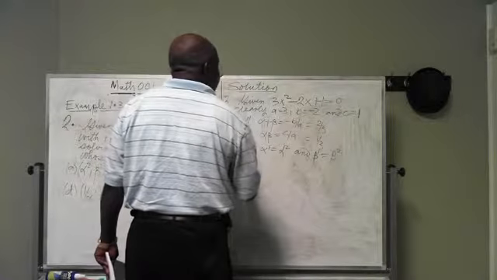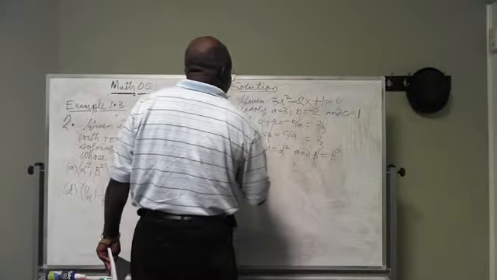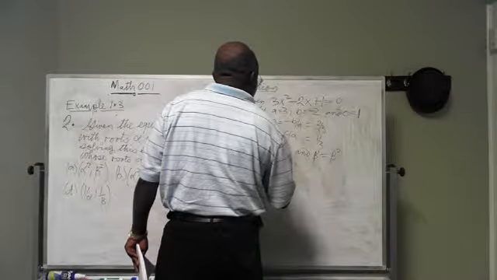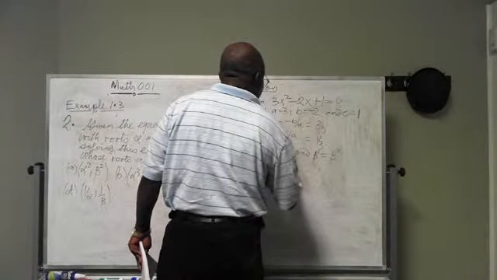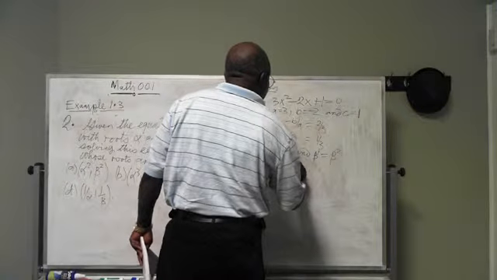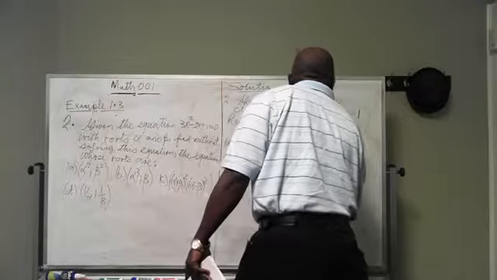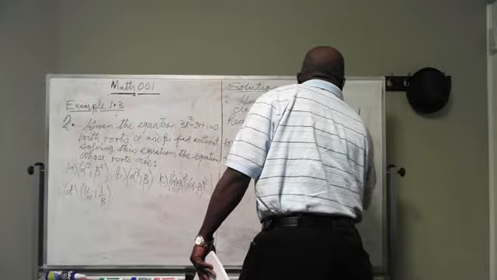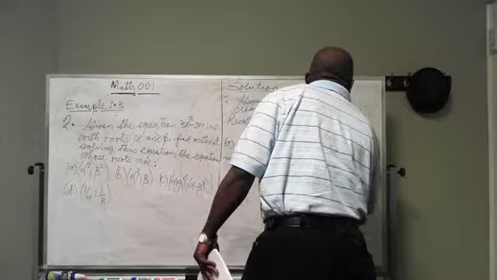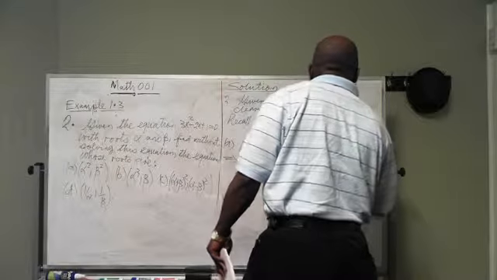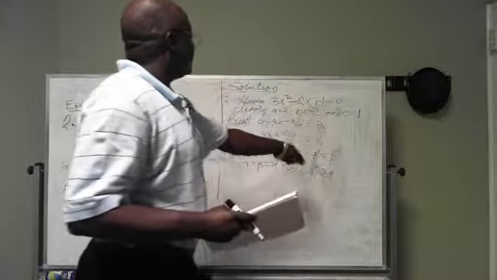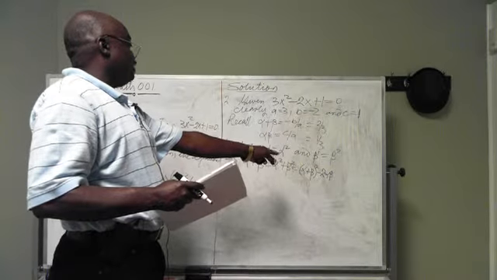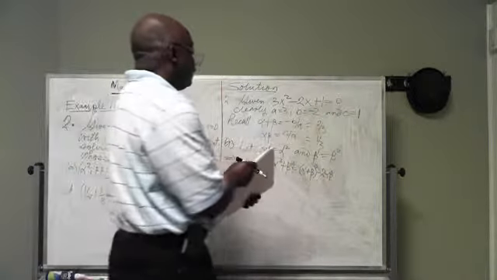This implies alpha prime plus beta prime is equal to alpha squared plus beta squared, which is equal to alpha plus beta all squared minus 2 alpha beta.